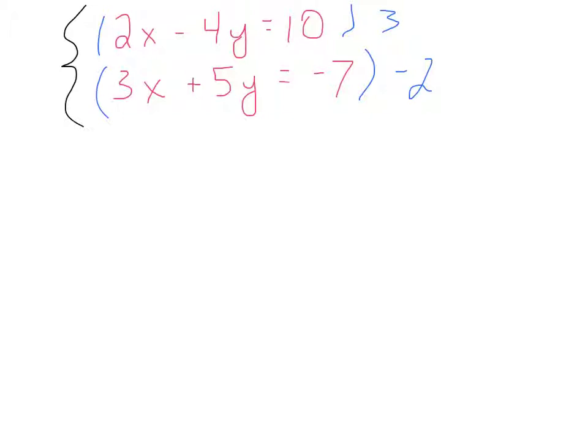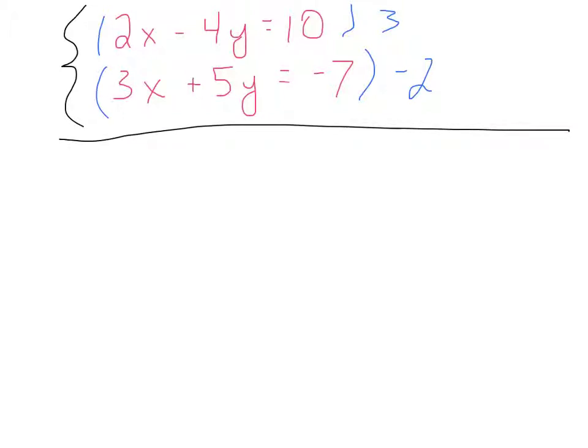Could I have chosen to eliminate my y's? Yes, but in that case I would multiply the top equation by 5 and the bottom equation by 4. Notice it's only a coincidence that we're multiplying by the number in front of the other equation's x or y. Sometimes it works out that way, but that's not always the simplest thing to do.